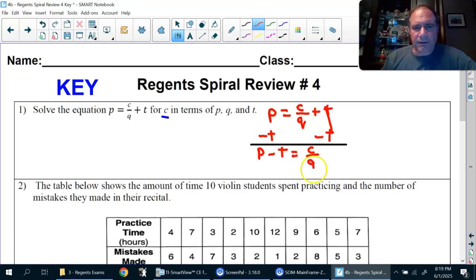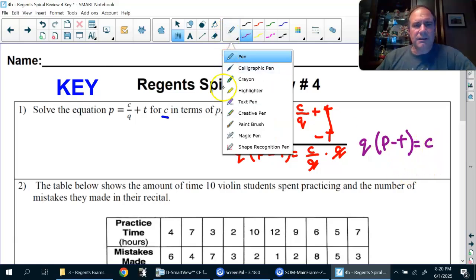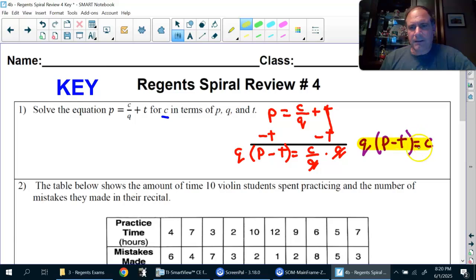And to solve for C, we're going to multiply Q on both sides. But when we multiply on the left side, we're going to have parentheses around that P minus T because you're multiplying the entire P minus T by Q. So we are going to have a final answer of Q times P minus T equals C. And that is solved for C. That is a literal equation.